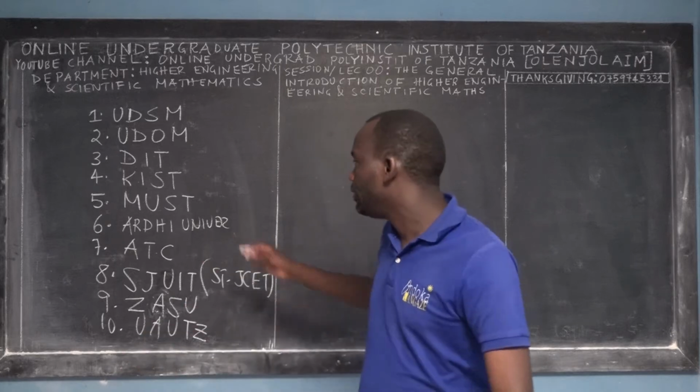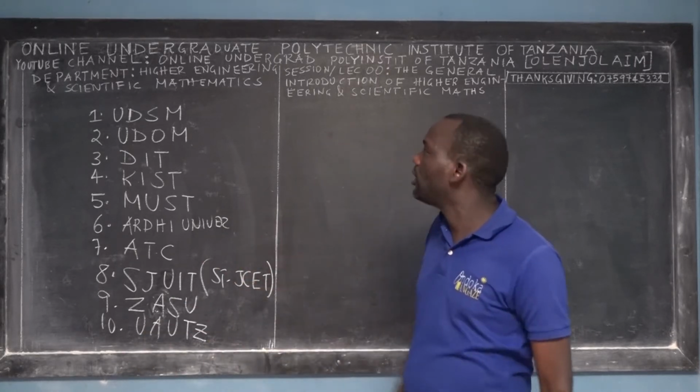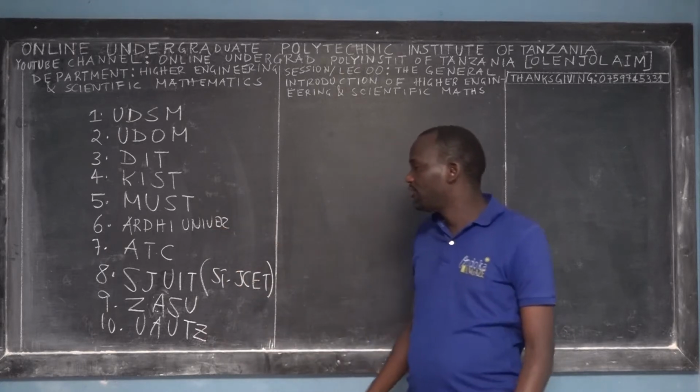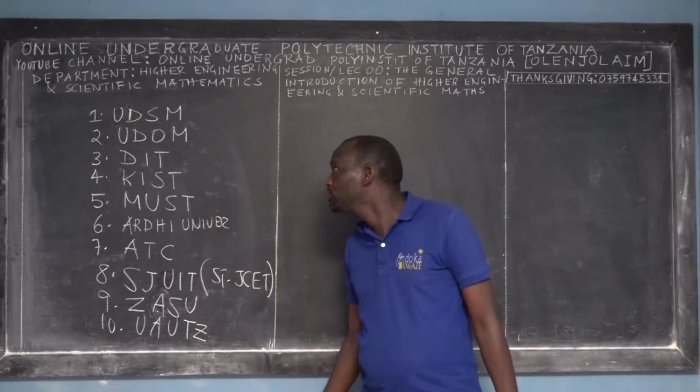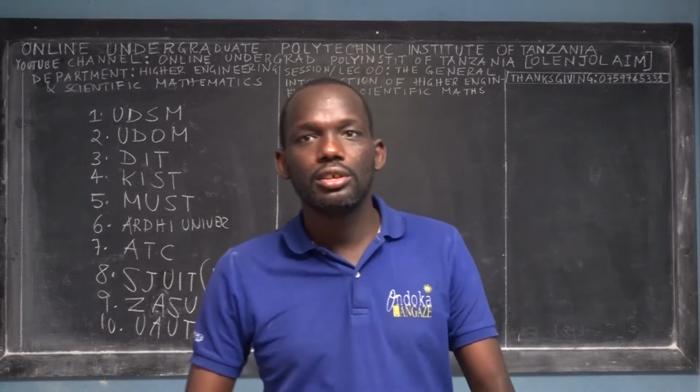These are the 10 institutions or colleges or universities that are providing this, and the students in these universities have to pursue higher engineering and scientific mathematics as fundamental modules.